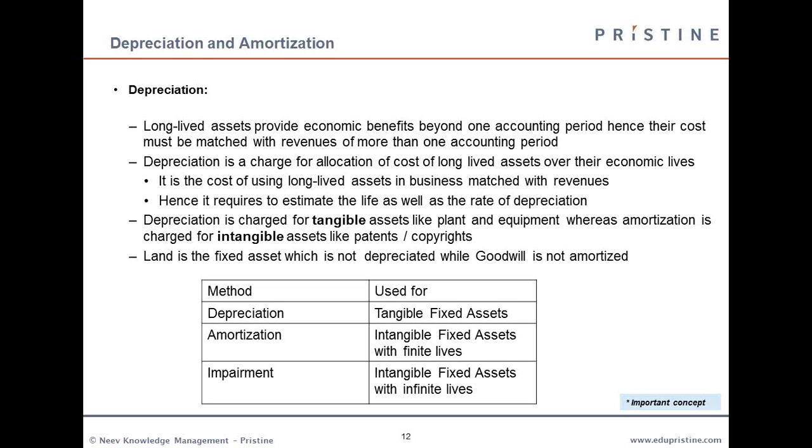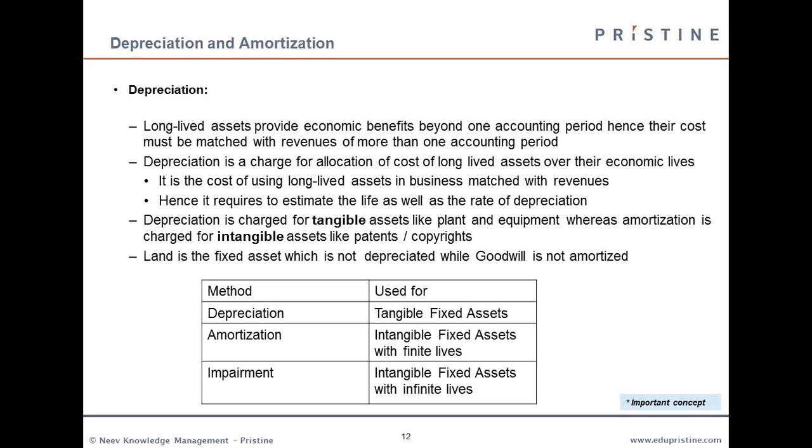So the costs incurred on the machines should be matched with the revenues over all the periods. Suppose I get some revenue, say 1 lakh today, some 50,000 tomorrow, some 25,000 after 2 years, something like that. So we have to match costs according to that.